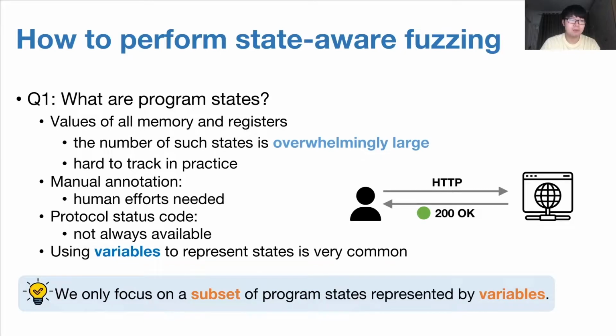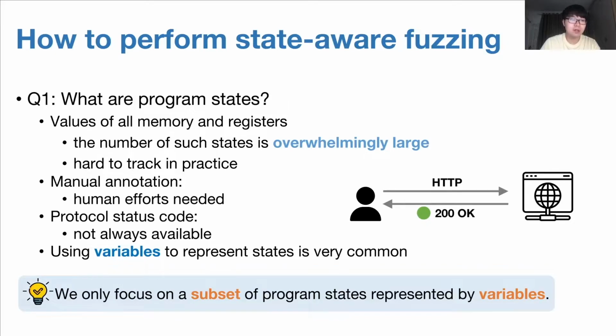Recent work has proposed several solutions for representing program states. Researchers propose to manually annotate the target programs and use annotated data as program states. Such manual annotation involves much human effort. Protocol status code can also be used to represent program states. However, status code is not always available.